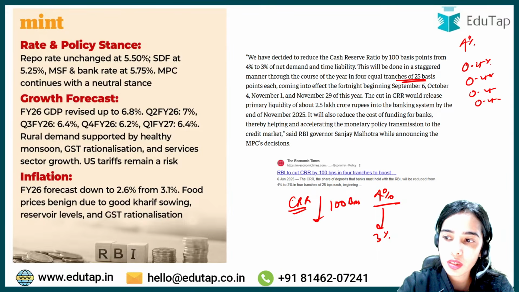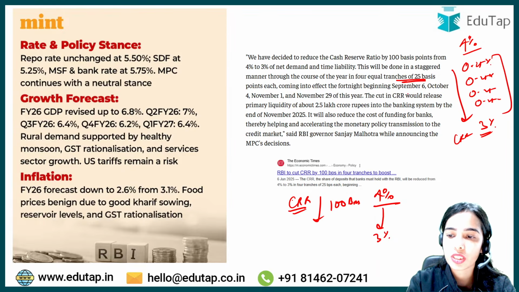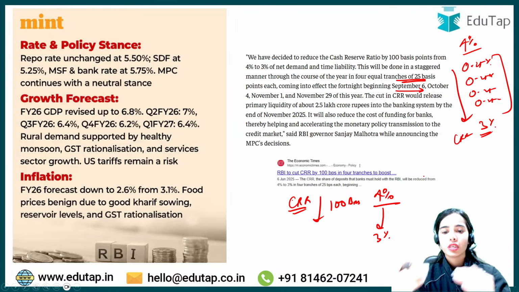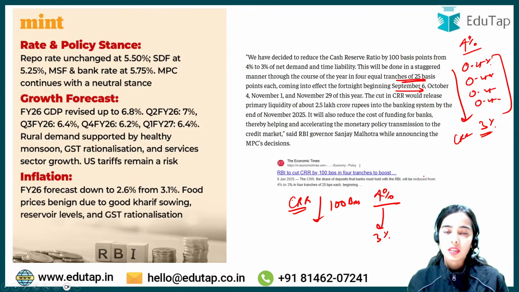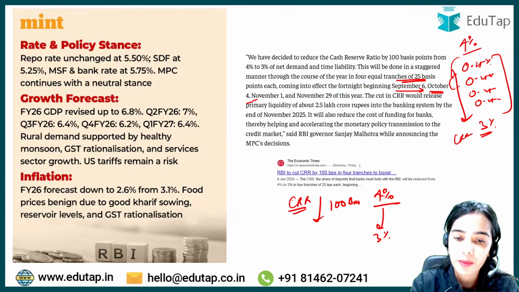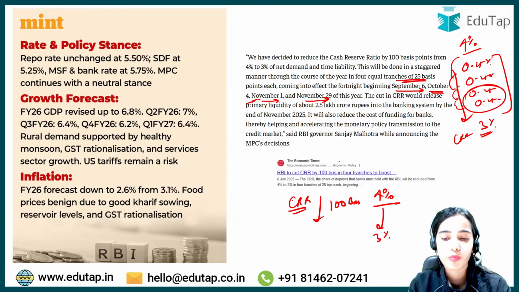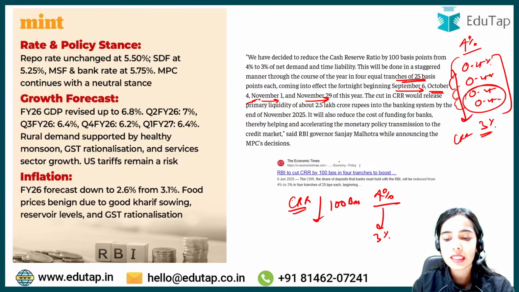On September 6, the first decrease happened in the CRR. The second decrease has also happened. The third and fourth decreases in CRR by 0.25% will happen on November 1 and November 29.